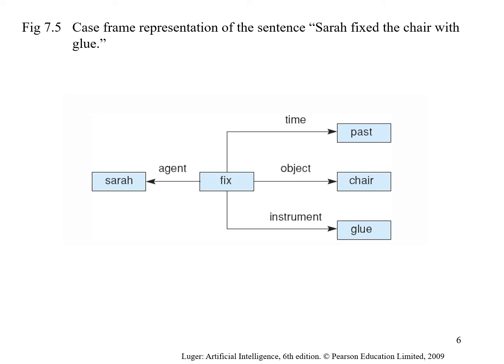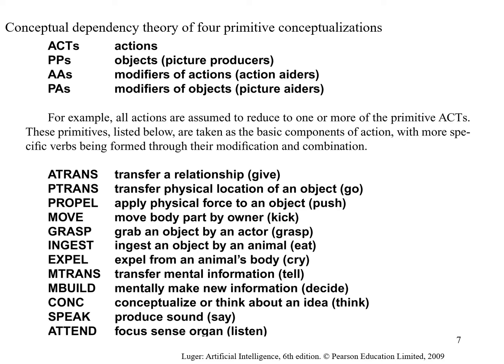We can put something like future, it didn't happen yet, that action. There are a lot of ways that we can make this useful. Now, there is the part of conceptual dependency, which I want you to look into.